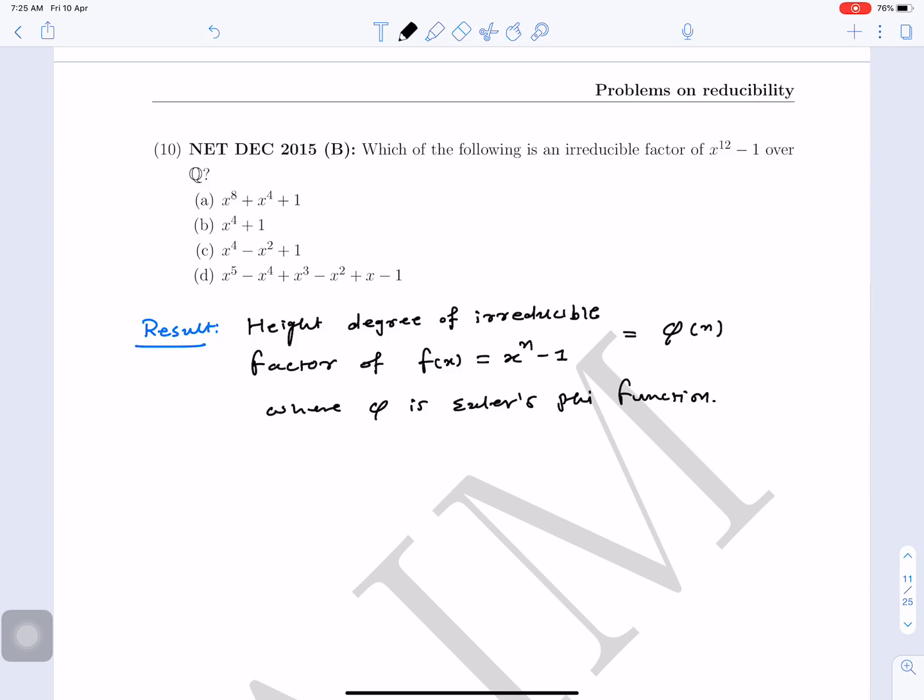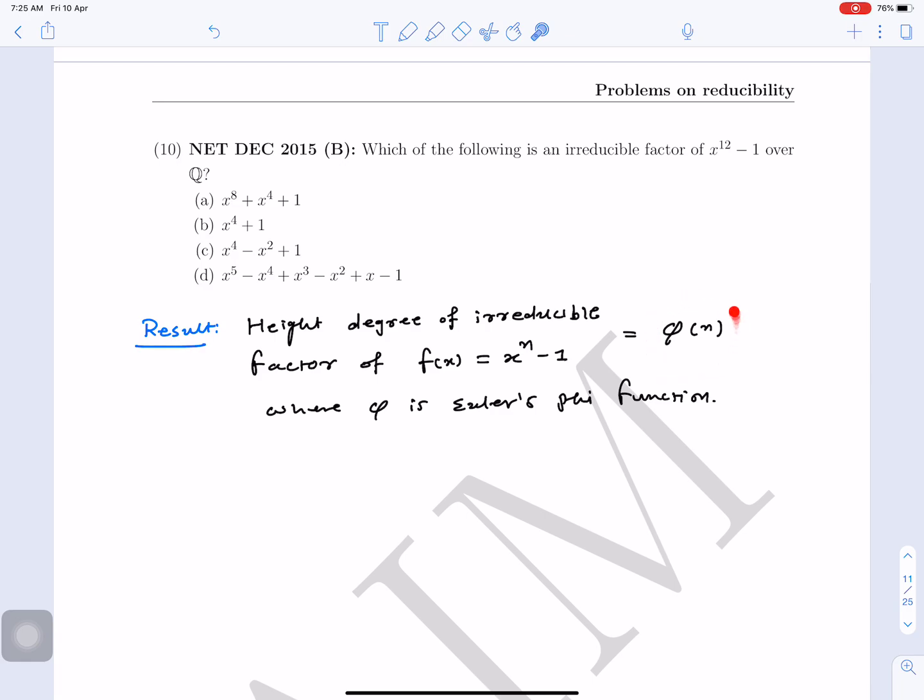So if you want to find the irreducible factor of a polynomial of the form x^n - 1, this result gives the highest degree of an irreducible factor, which is phi(n).